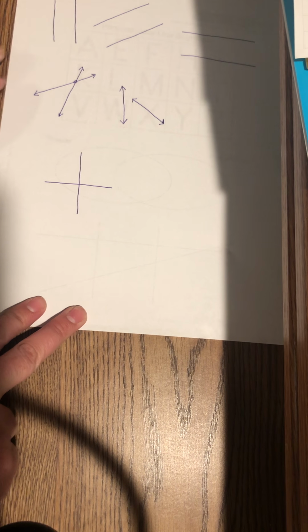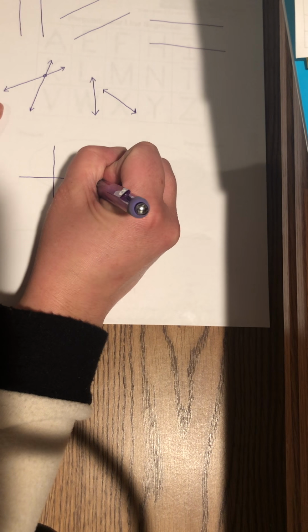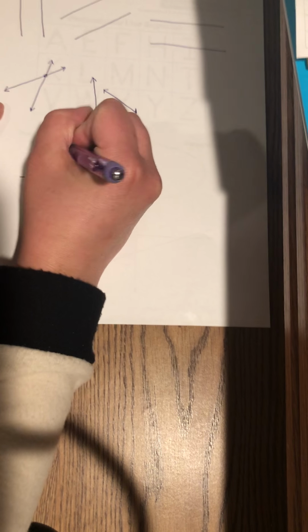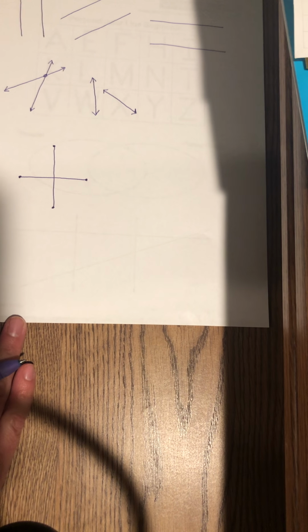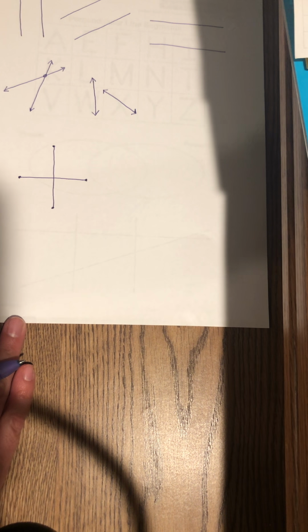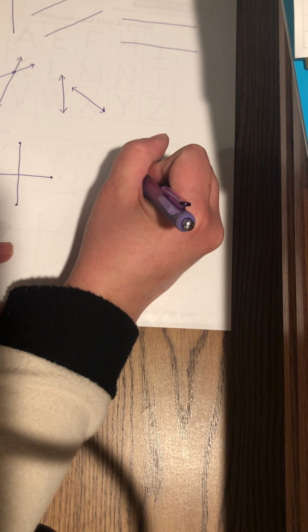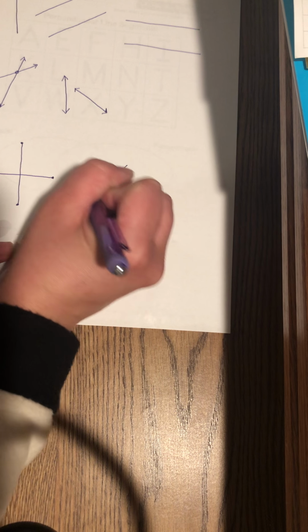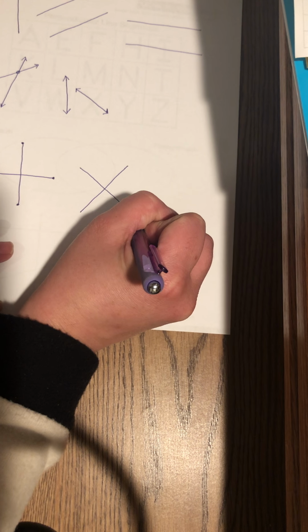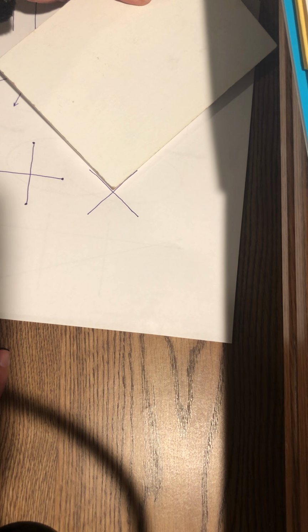So I have perpendicular lines, or well, I'll make these line segments. Remember, if there's a dot at the end and it says that that's the extent of that line, then it's a line segment. I could also have a perpendicular line segment like this. It's still going to be that 90-degree angle.